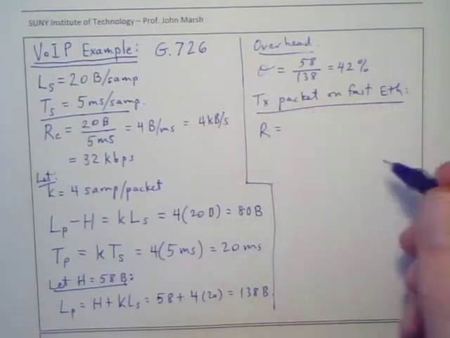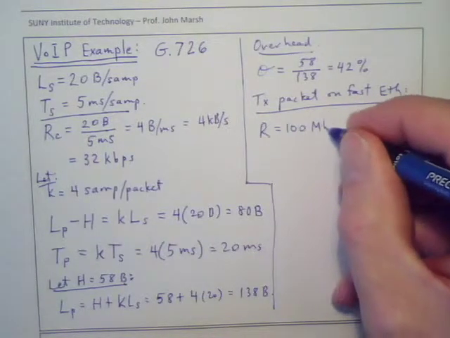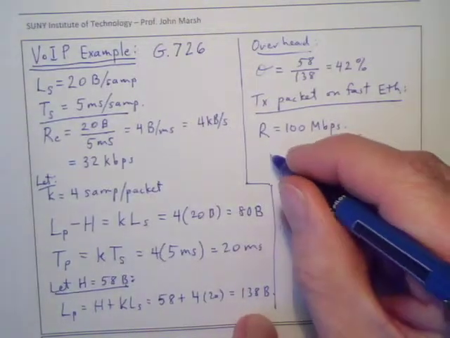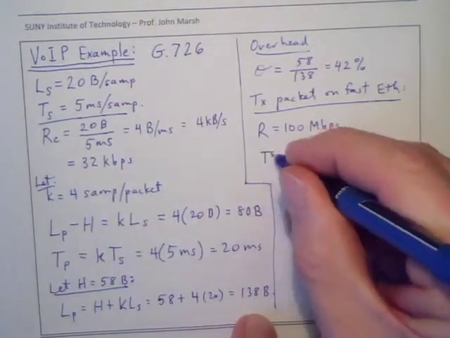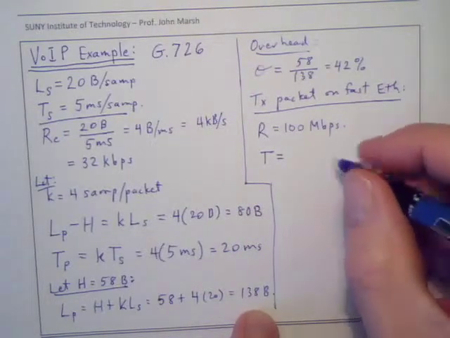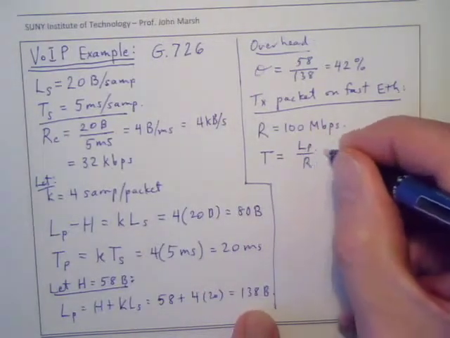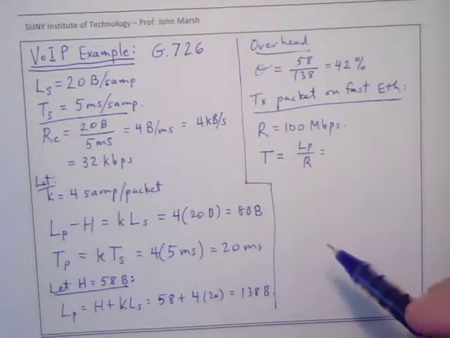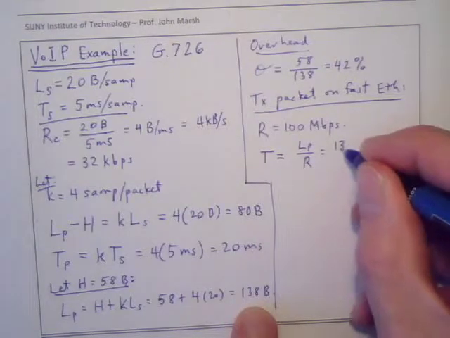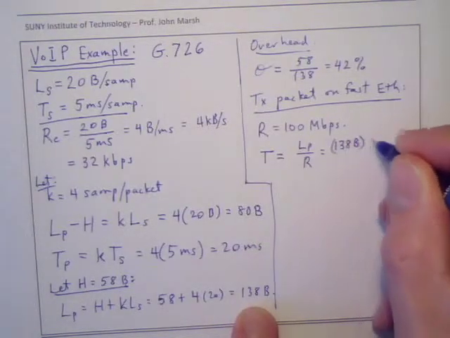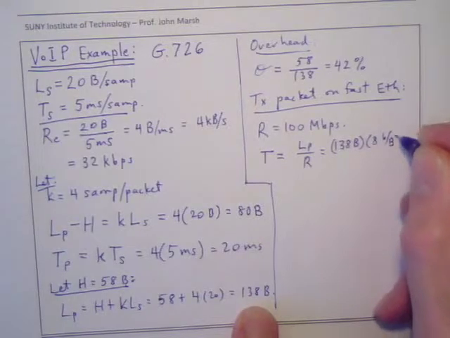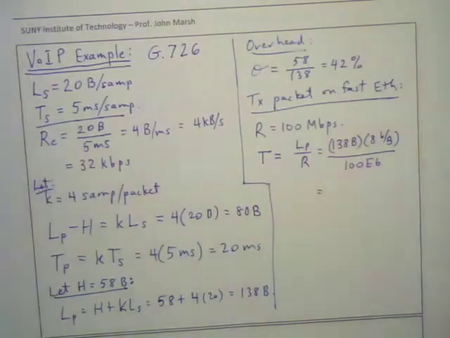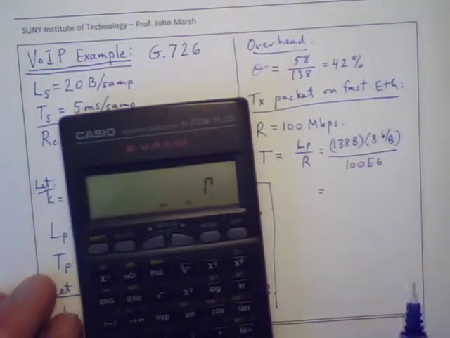So the rate of that fast Ethernet is 100 megabits per second, and therefore the time it takes to transmit this packet is the length of the packet divided by that data rate. The higher the data rate, the larger the denominator and the less time it takes to transmit. So 138 bytes times 8 bits per byte all over 100 times 10 to the 6th, and I'll use my calculator for that also.